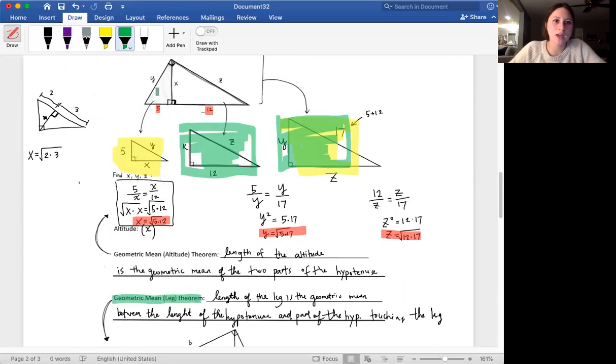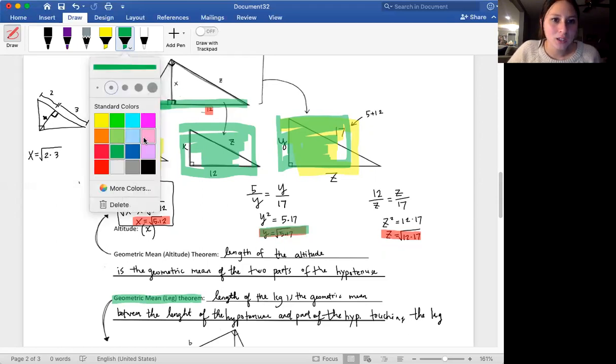So we're looking for the length of this leg. To find the length of this leg, it is the geometric mean of the entire length and the part touching that leg. So the entire hypotenuse, 17, times the part of it that's touching that leg. So 5 is adjacent. This part is adjacent to y. So it's 5 times 17 square rooted equals y.